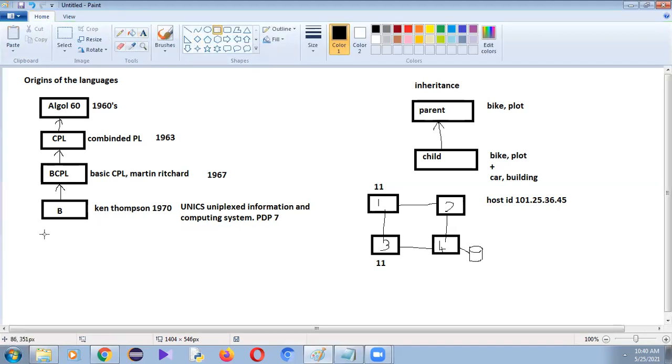That means he wanted to rewrite this Unix operating system so that it offers a feature called portability. But up to that time, we didn't have any programming language which offered portability. So Dennis Ritchie wanted to develop one programming language which offers portability.